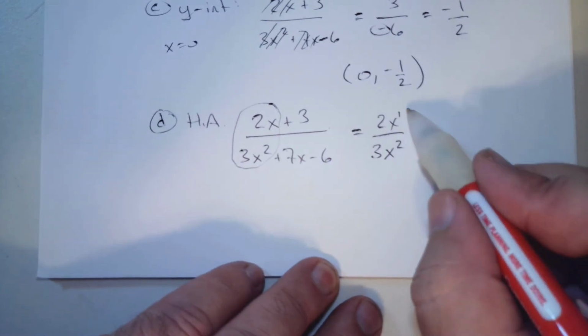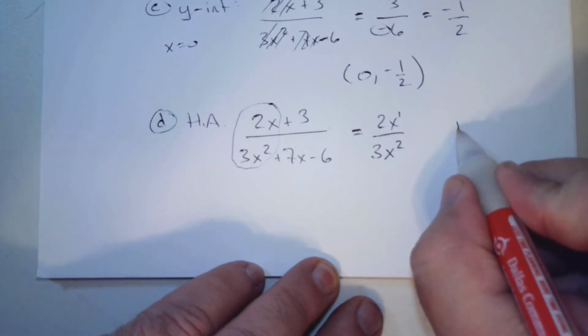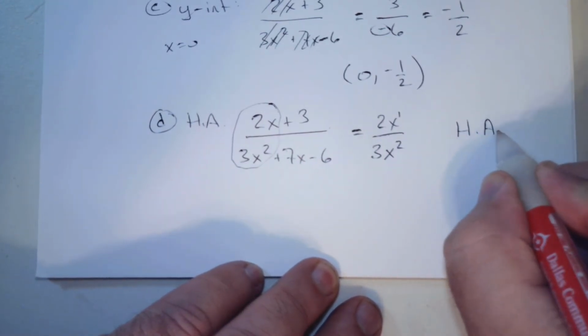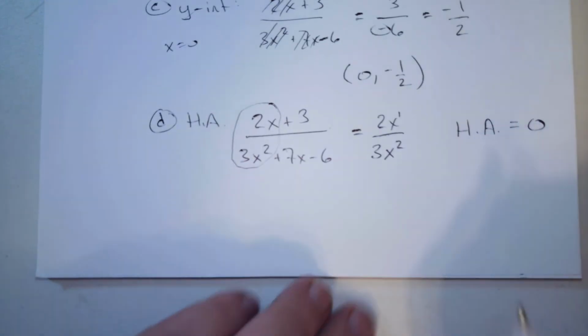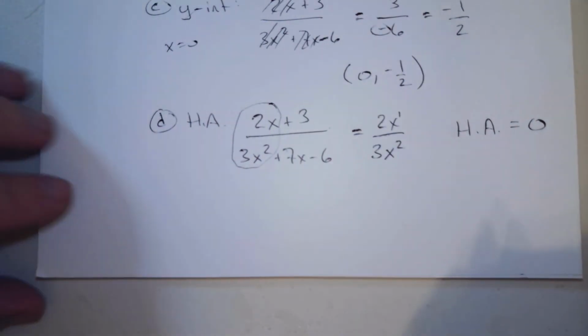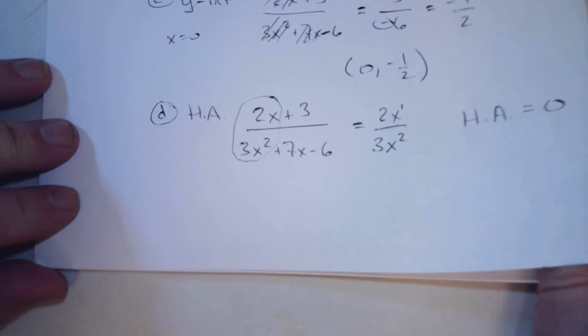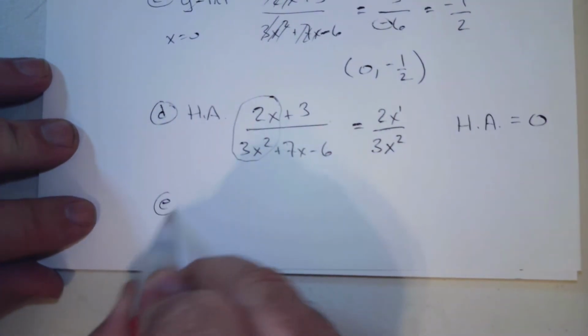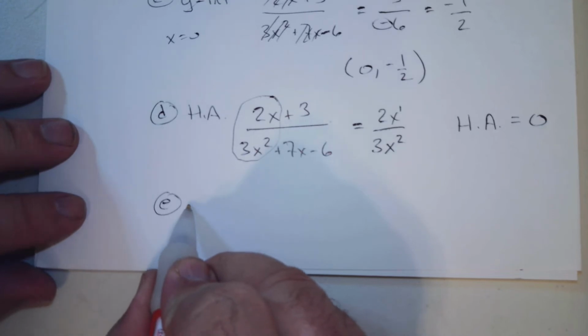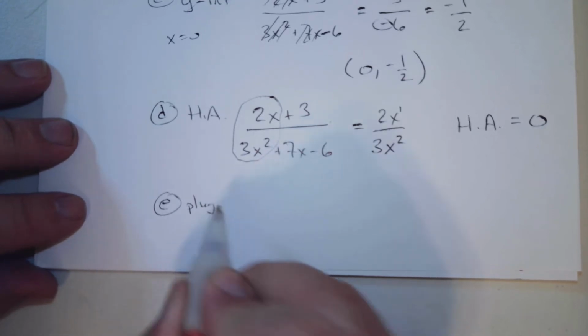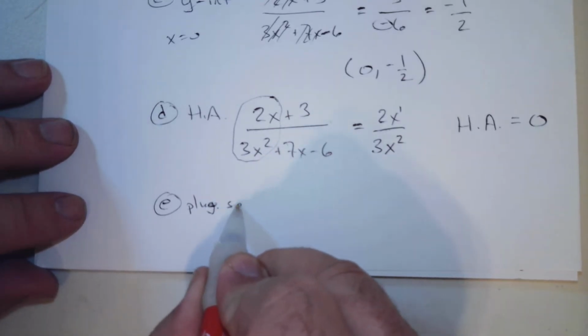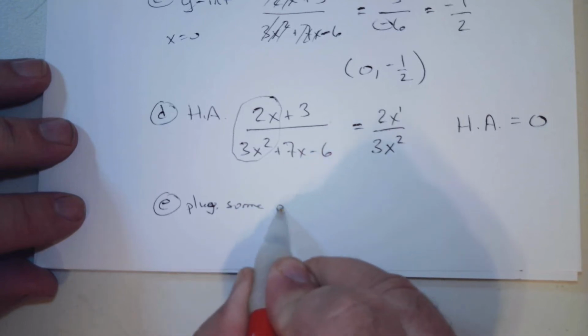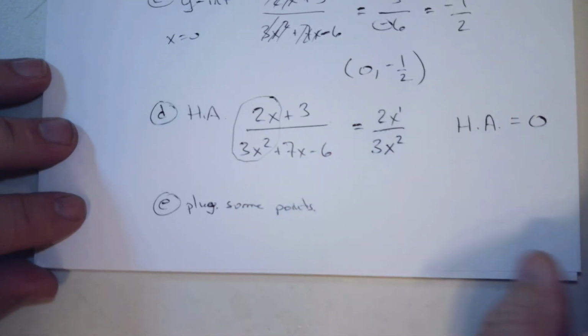The bottom's bigger than the top, so the horizontal asymptote is 0. And you have to plug in some points. Let's see what we have here.